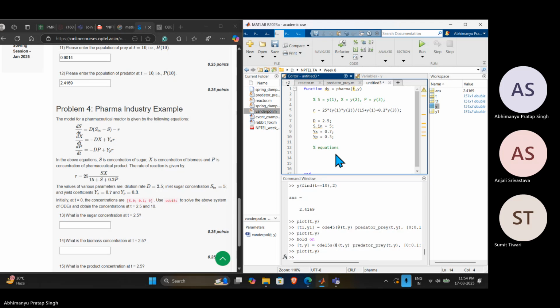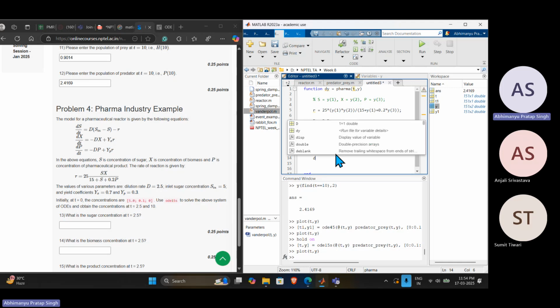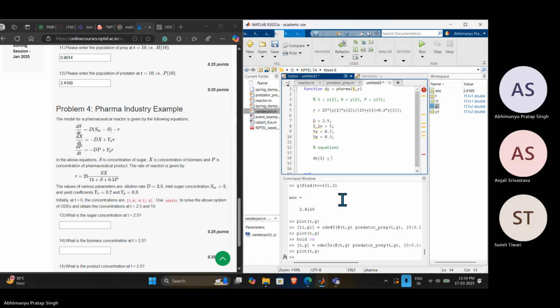So D times minus y1. The other thing that you can do is that I can just write over here S as y1, X as y2, and P as y3.